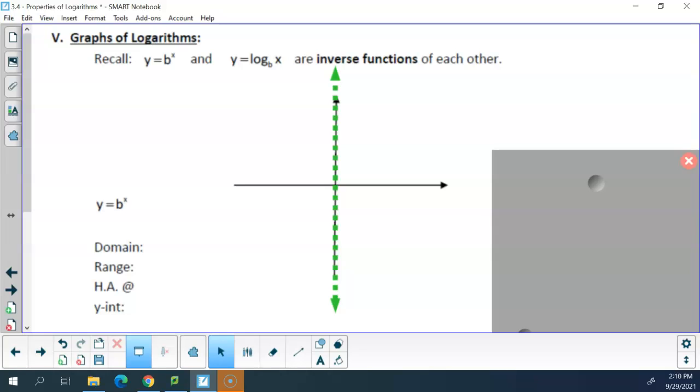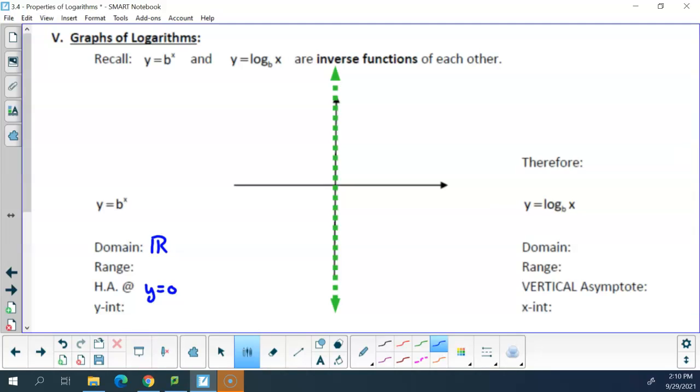In an exponential function, we had a domain of all real numbers. In a logarithmic function, the domain becomes my range on the inverse.